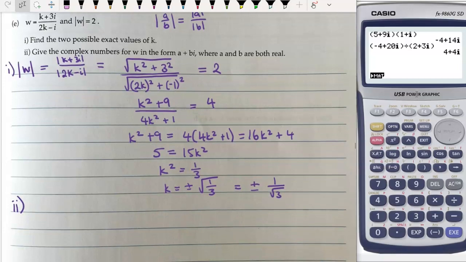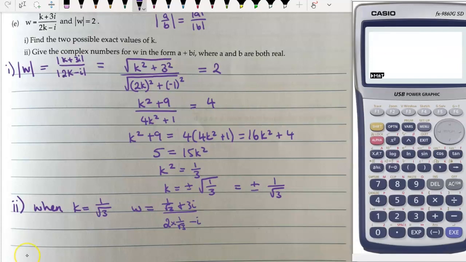So just remembering up there, we've got that w is k plus 3i over 2k minus i. So when k is equal to the positive answer we just had of 1 over root 3, we'll have that w is 1 over root 3 plus 3i over 2 times 1 over root 3 minus i.